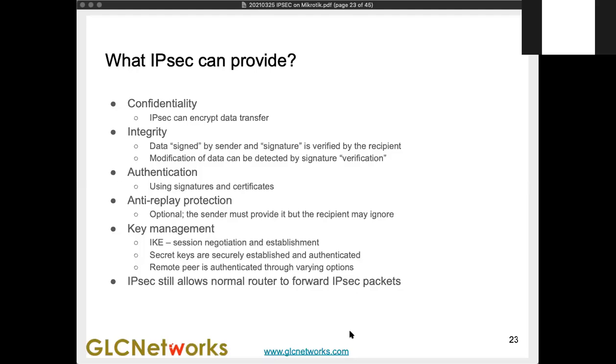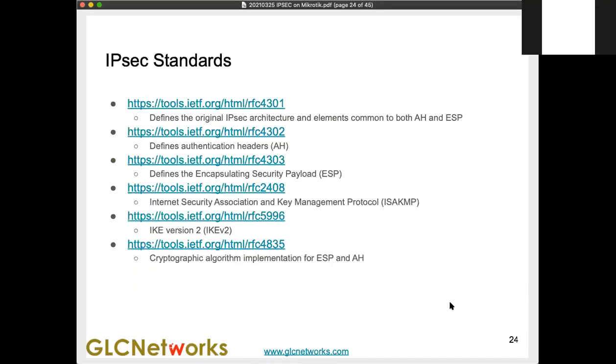IPsec standard. These are the RFCs: 4001, 02, 03. These are the three main components of IPsec. Actually, if you already read this, you don't have to come to this webinar, right?